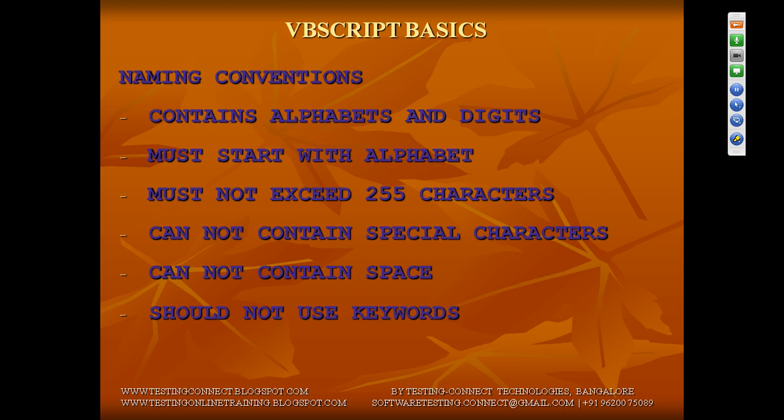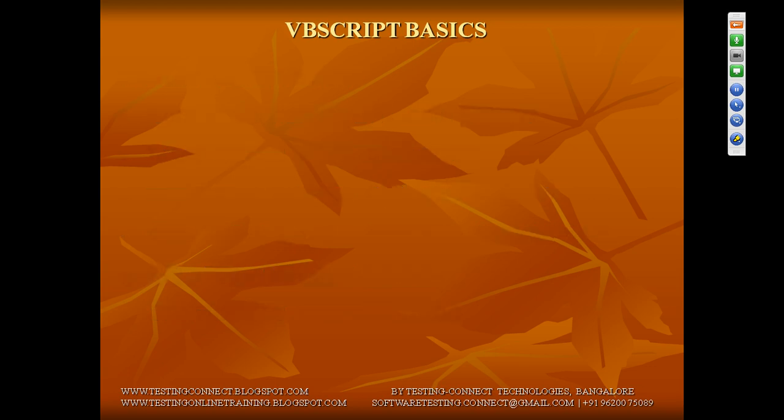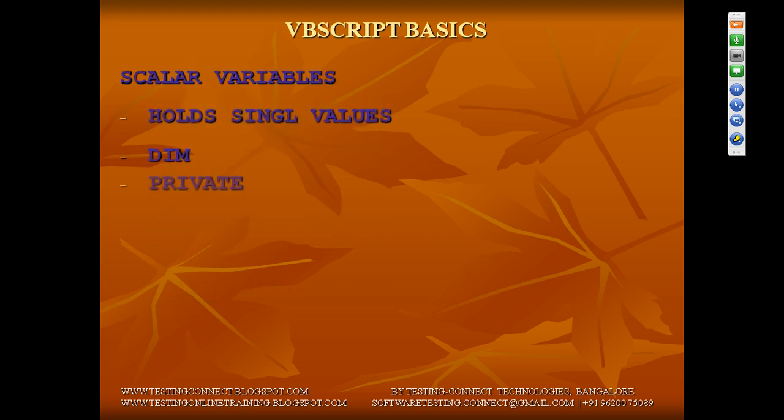You should not use keywords, which I already discussed. In your programming language you will mostly use Dim, and there are two more, private and public. I will explain these during functions. As of now you can ignore these two.